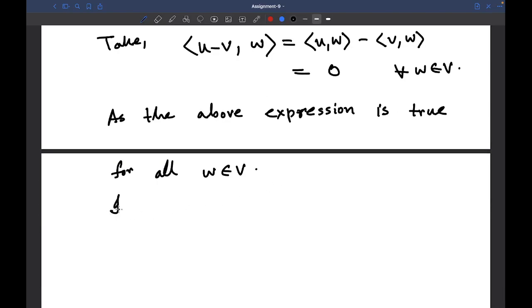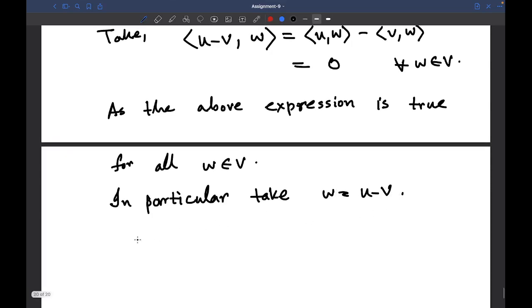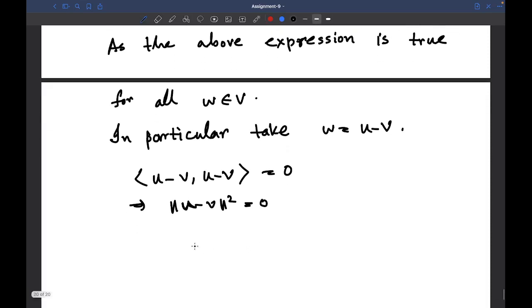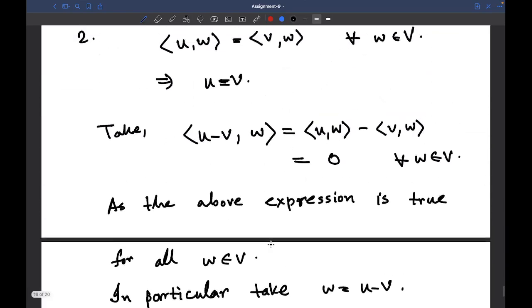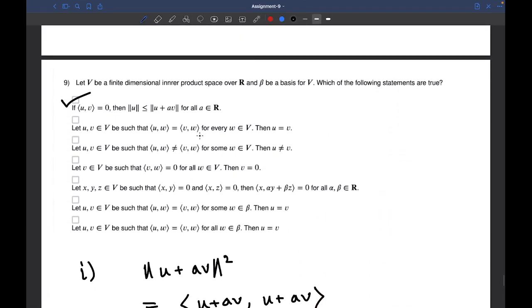So in particular, take W to be U minus V. Then you will get the inner product of U minus V with U minus V is 0, which implies norm of U minus V is 0, and norm 0 means the vector should be 0. So U minus V should be 0, which implies U equals V. So you prove that if the inner product of U and W equals the inner product of V and W for every W, then U equals V.